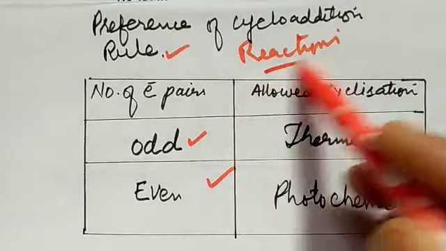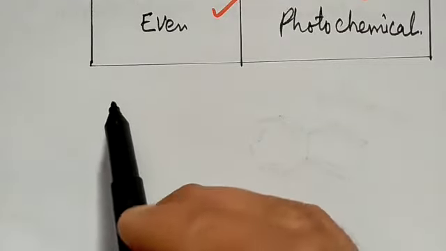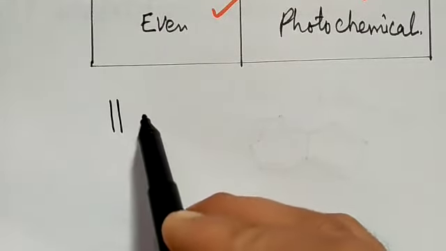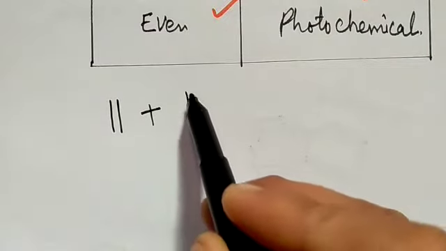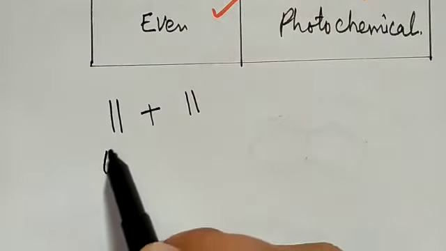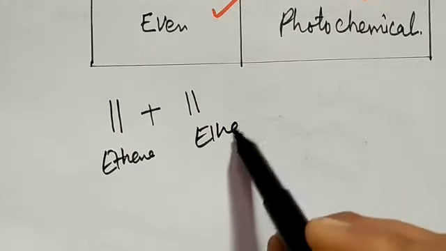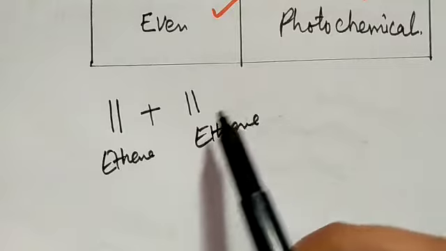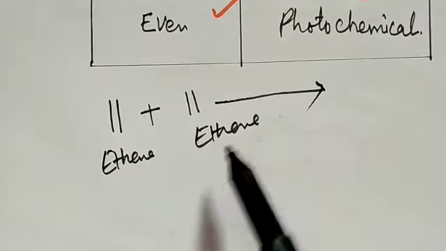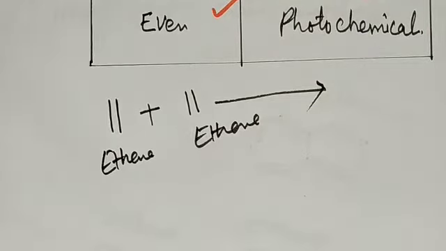Now let us take some examples. Suppose these are two pi systems. This is ethene, this is also ethene, right? So what is the product? Let us see.